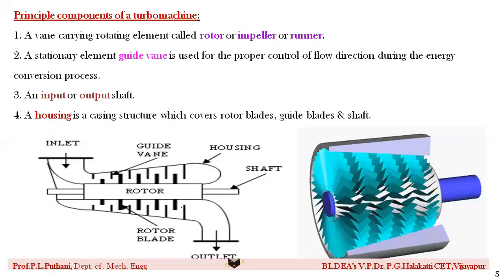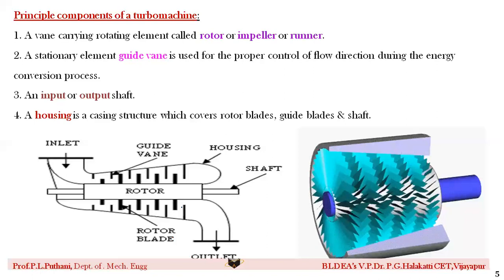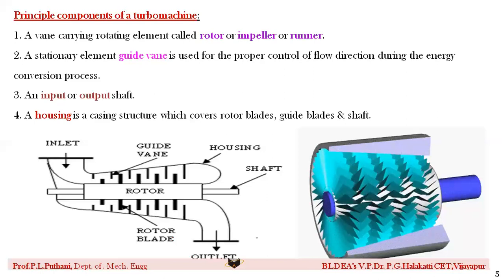Next, this is the very important part, that is which are the major components of a turbo machine. If you observe carefully in this picture, as well as the animated video, any turbo machine you take has four important parts.